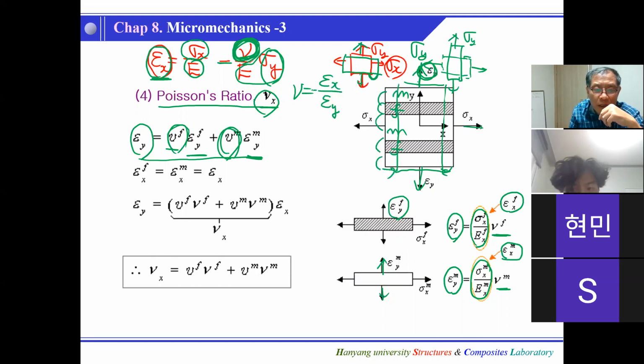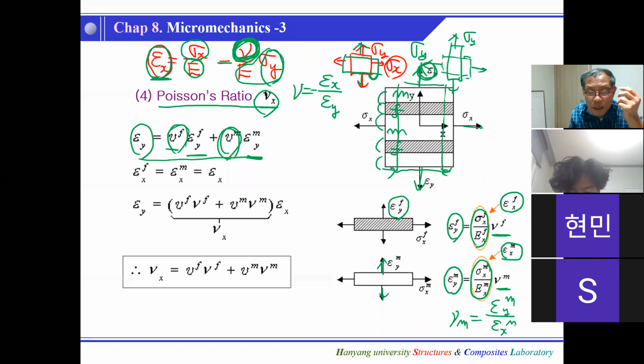That's the definition of a Poisson's ratio for a one-dimensional loading case. It's the same here. Poisson's ratio of the matrix will be given as EX and EY.